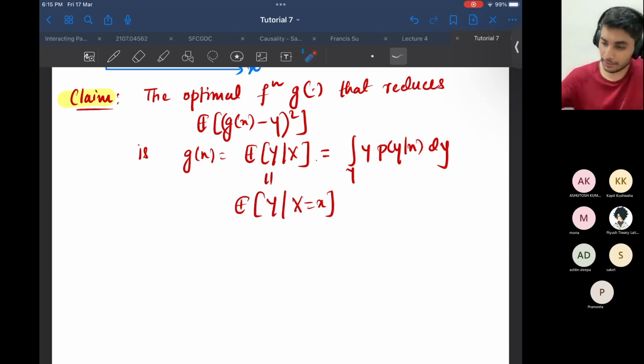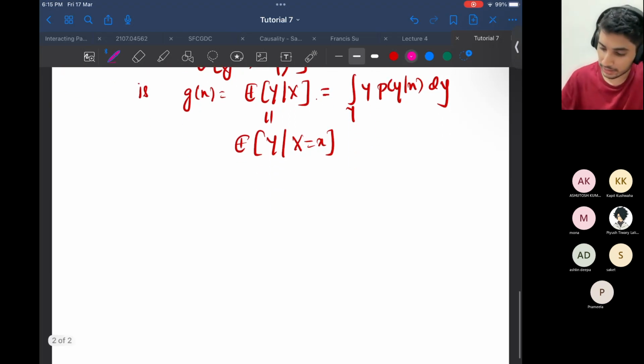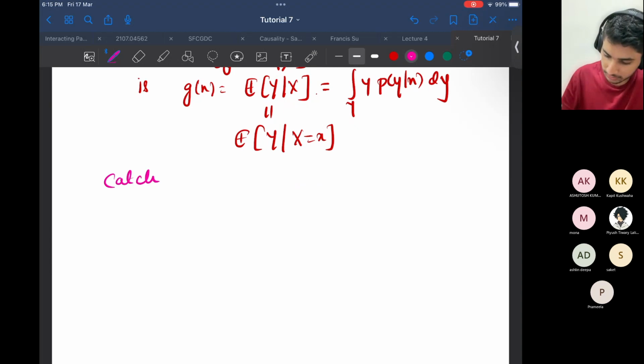You can estimate it, but the estimate would again be bad, so this is not something you can exactly calculate. So the catch here is p of y given x is not known.